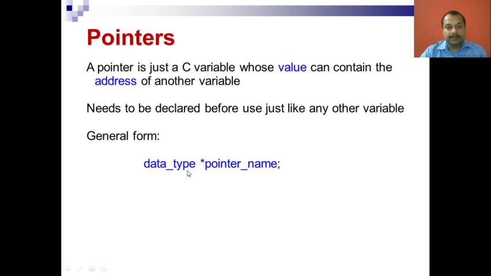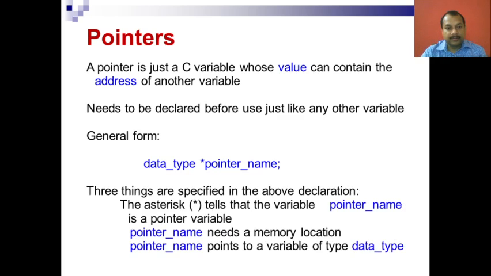This data type is either some basic data type like character, integer, float, double, long integer, etc. But this star, you note, indicates this variable is a special kind of variable which will store only the address of any variable, and its name is pointer.